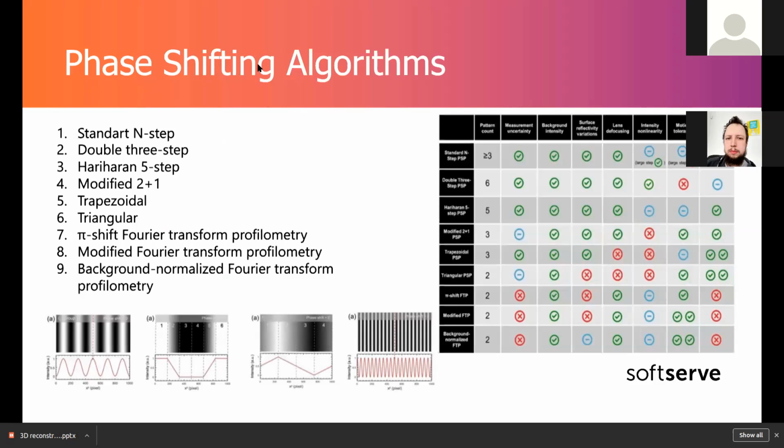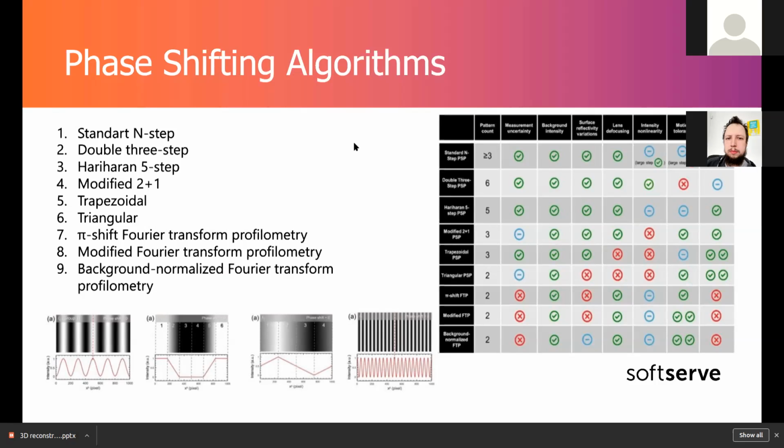There are also a lot of variations of these methods, like standard n-step, double three-step. Also, the pattern itself could be not always sinusoidal, but another signal that is periodic in time. Each method has some pros and cons.